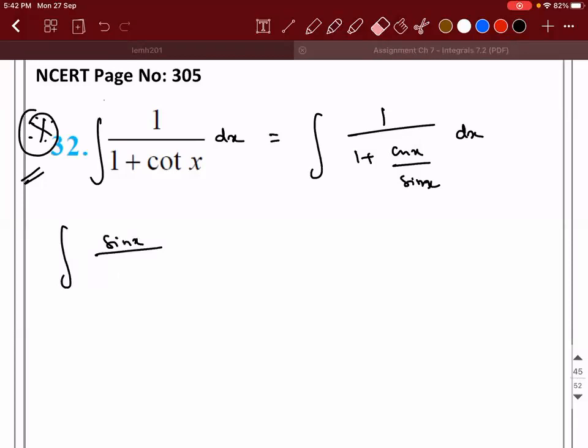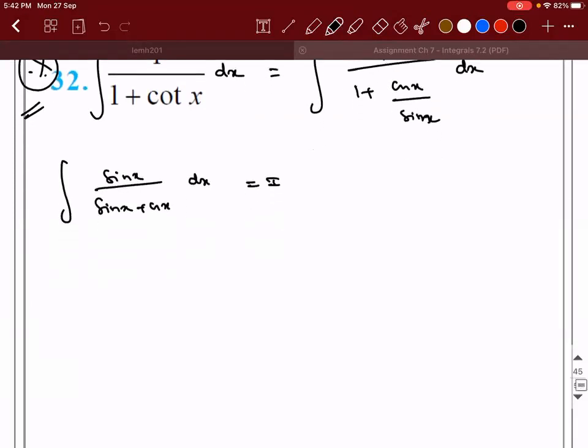Integral of sin x divided by sin x plus cos x dx. So let's name this as I. Correct? So integral of sin x, add a cos x and subtract a cos x divided by sin x plus cos x.